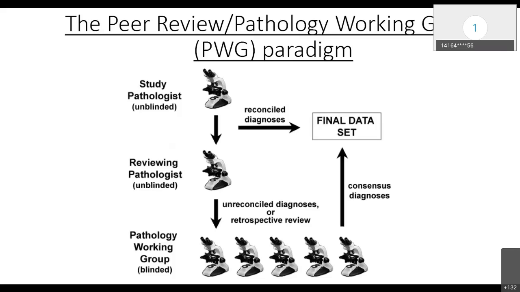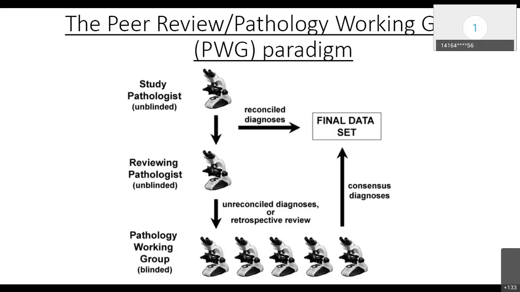here, this is what I was telling, that there is slide number 20, and in cases where study pathologists and reviewing pathologists do not agree, then this is the workflow: study pathologists would examine in an unblinded way initially, then it will go to the reviewing pathologist, that is the peer review pathologist, in an unblinded way, but still the agreement is not achieved. Then in that case, a pathology working group, that is PWG, is to be appointed.